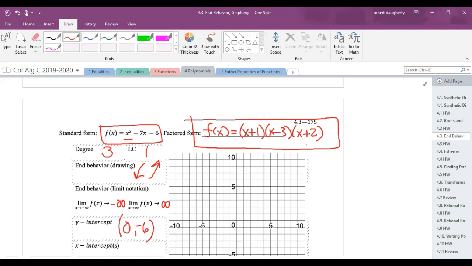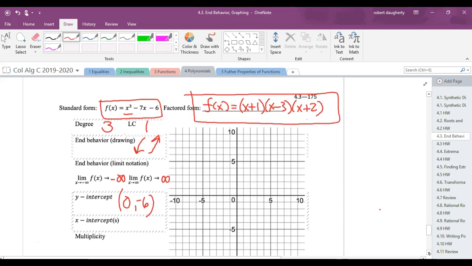Okay? So having both of these things side by side, there's certain pieces of information that are easier. Now, the x-intercepts. You cannot look at this and tell me the x-intercepts. Where do you have to go to find the x-intercepts? That's why we factored it. So what are the x-intercepts? Negative 1, 0, 3, 0, and negative 2, 0. Okay. Is there any multiplicity here? No. So that means at each of those points, what will my graph do?